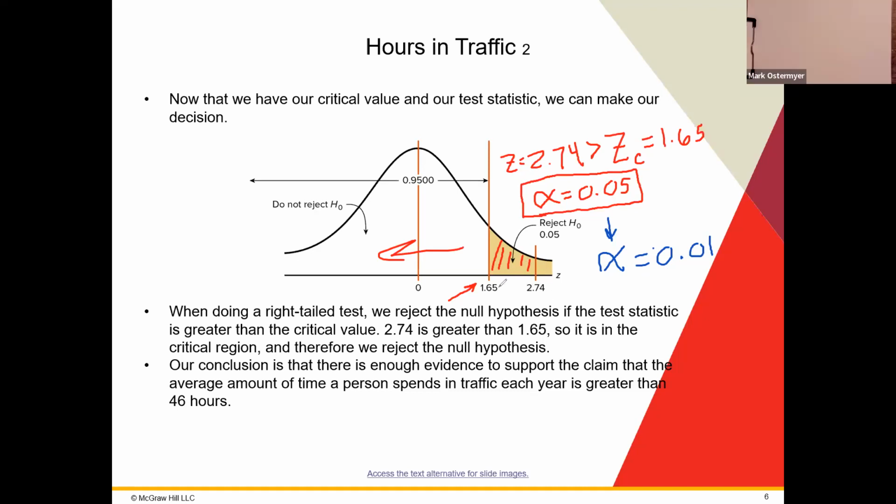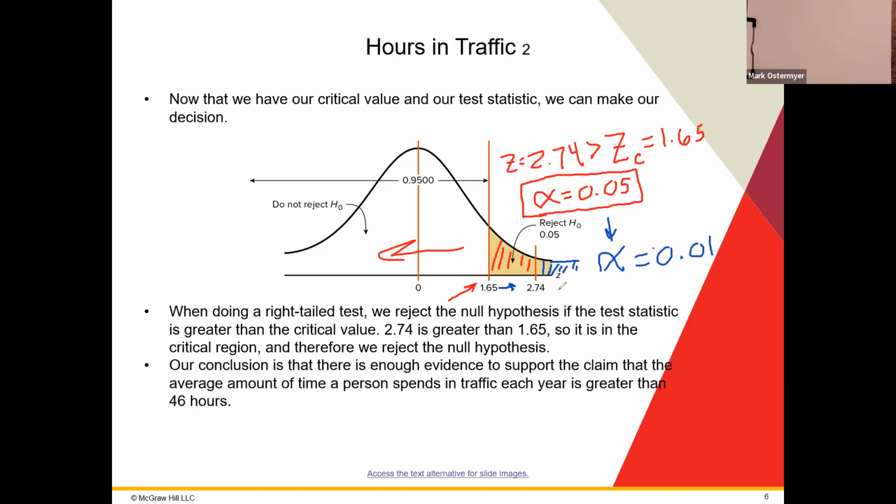Do you agree? What's going to happen is this critical Z value is going to move further to the right and get closer and closer to our test statistic value. In fact, ladies and gentlemen, if I reduce my level of significance from 5% down to 1%, you know what's possible? What's possible is my critical Z value could move to the right of my test statistic value. Now I would have a much smaller rejection region.